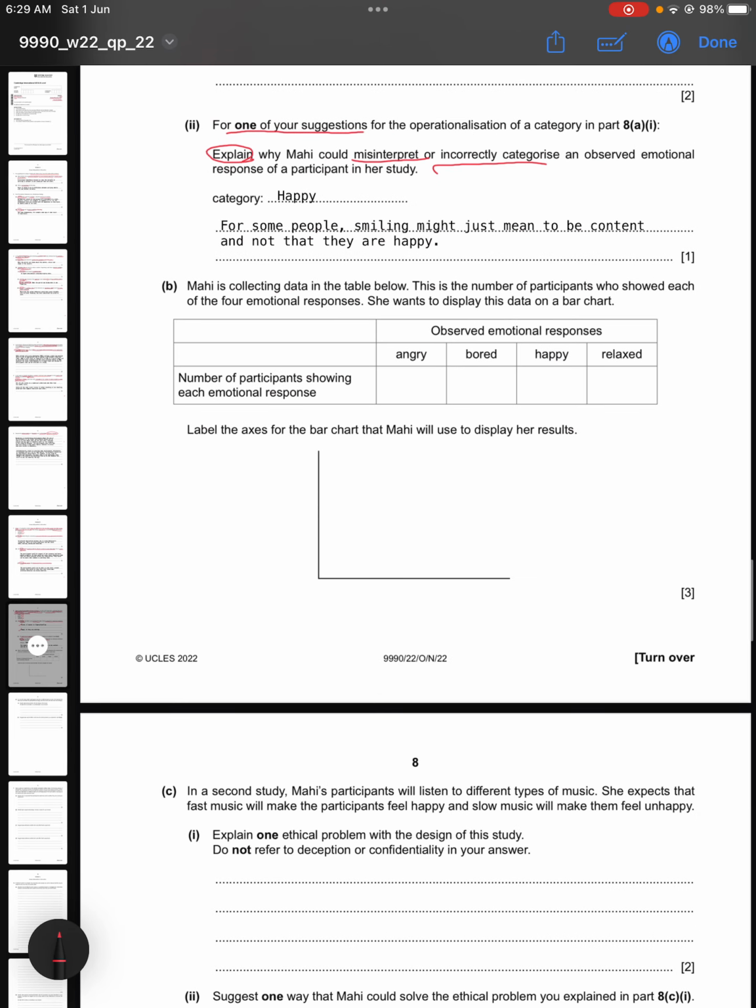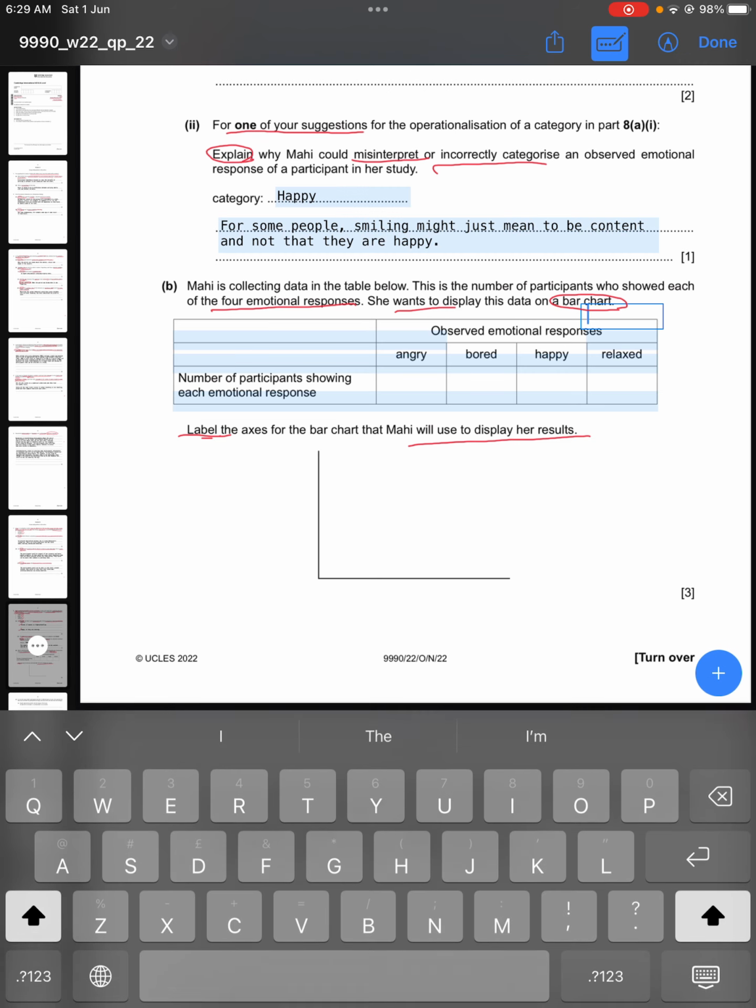And then part B says Mahi is collecting data in the table below. This is the number of participants who showed each of the four emotional responses. She wants to display this on a bar chart. Label the axis for the bar chart that Mahi will use to display her results. So by now we know that the independent variable is always on the x-axis and the dependent variable is always on the y-axis.